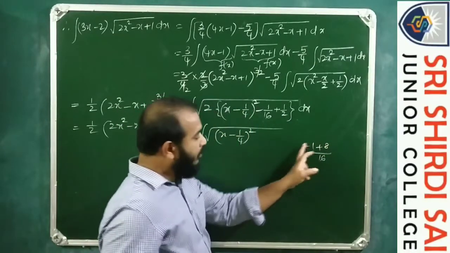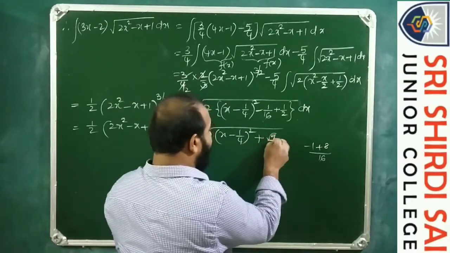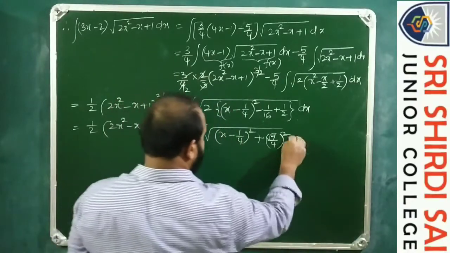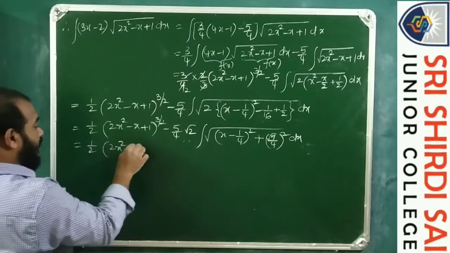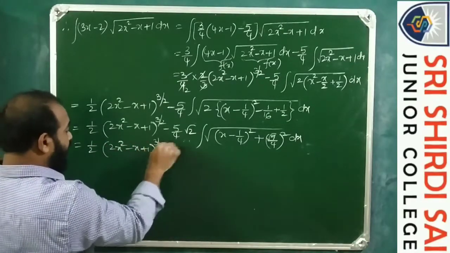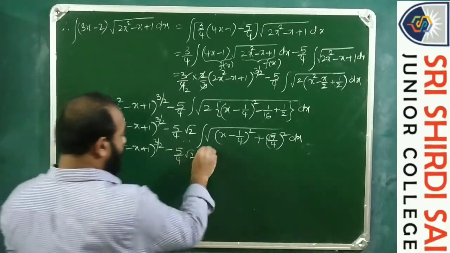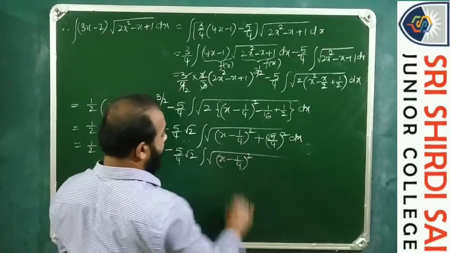So this is 8 − 1, so 7/16. 7/16 can be written as (root 7/4) whole square dx. So 1/2 (2x² − x + 1) whole power 3/2 minus 5/4 into root 2 into square root of (x − 1/4) whole square plus (root 7/4) whole square.